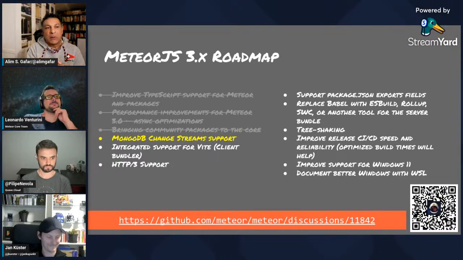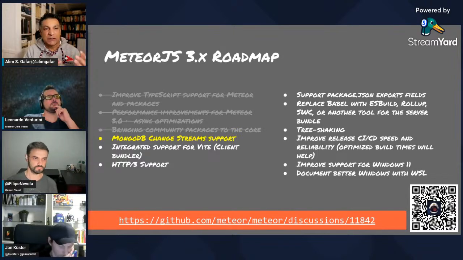But the thing was, for a very long time, and Filipe, I'm going to ask you to jump in on this because you have a lot of implementation experience. Most of the deployments that I know about with MongoDB don't use sharded clusters for reactive content, partly because of this issue.